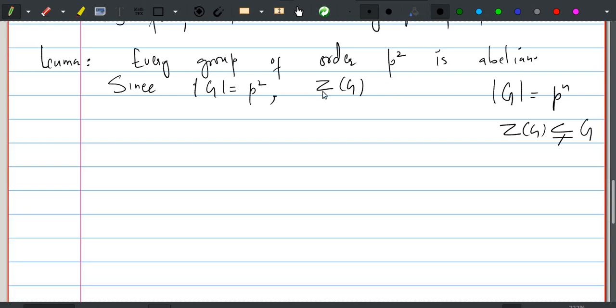There is nothing to prove. So let us do it this way.